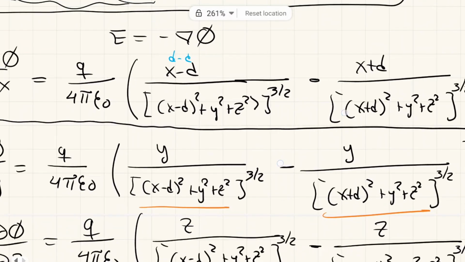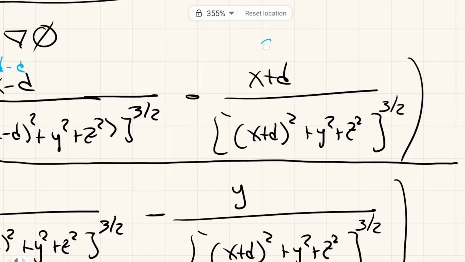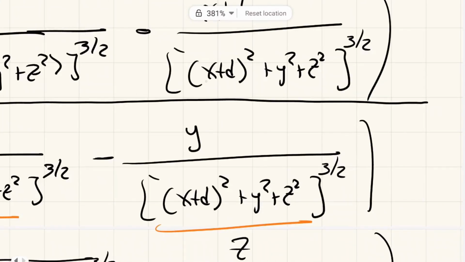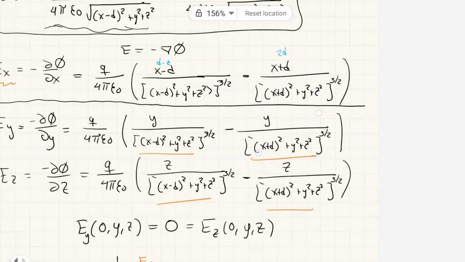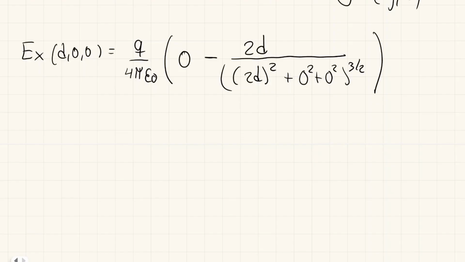And here, if x is equal to d, we are going to have d plus d, which is 2d. So if we take that expression and substitute the value of x equal to d, we are going to get this expression to calculate the electric field on the charge q.